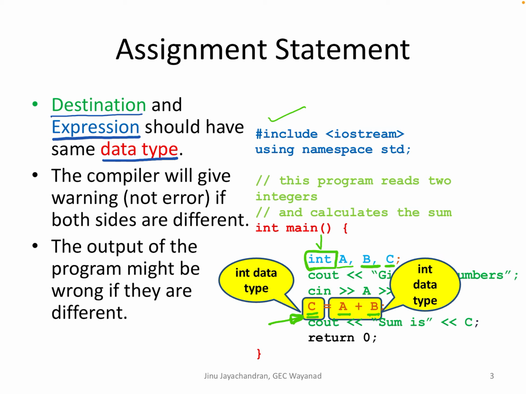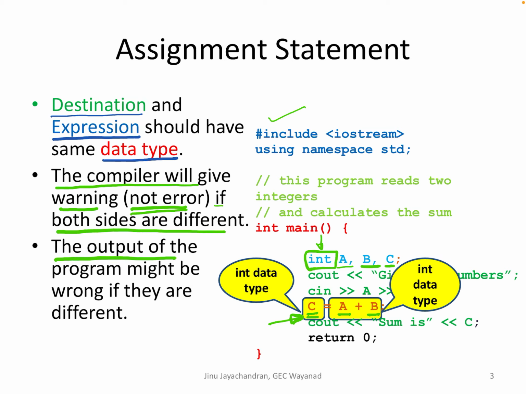There is no problem, or I would say it is valid, to do assignment with different data types, but it will give you unwanted errors, or the compiler will give a warning, not an error, if both sides are different.